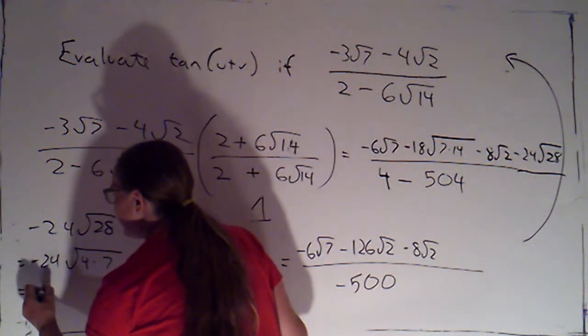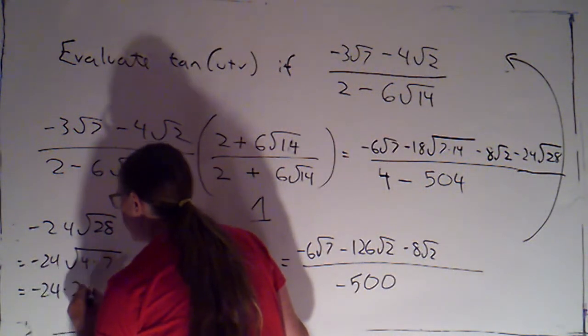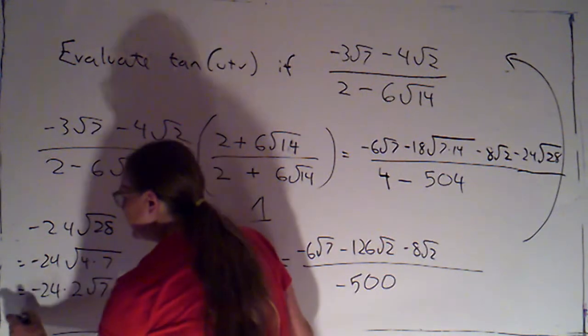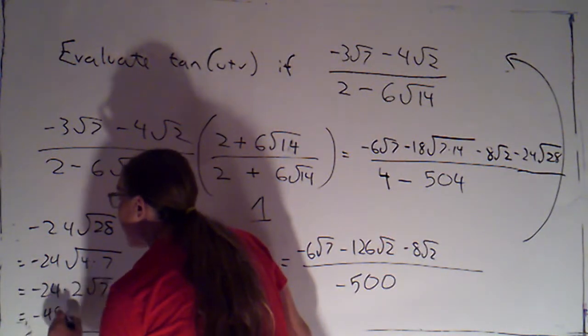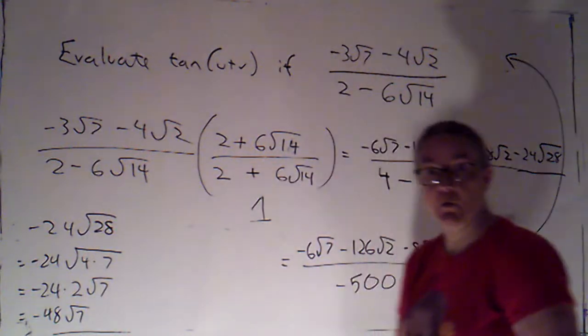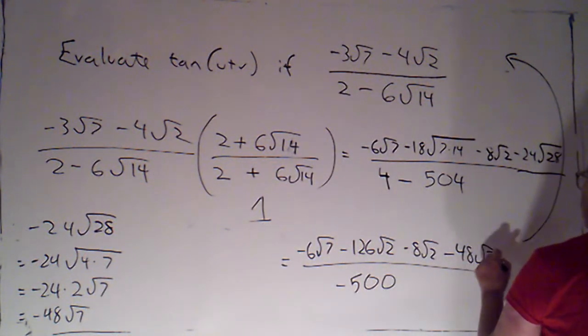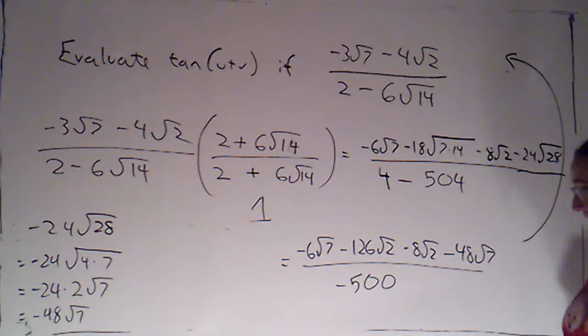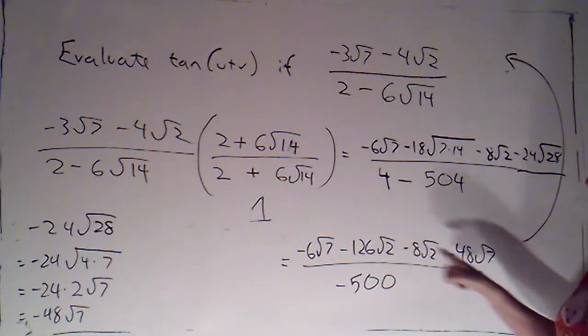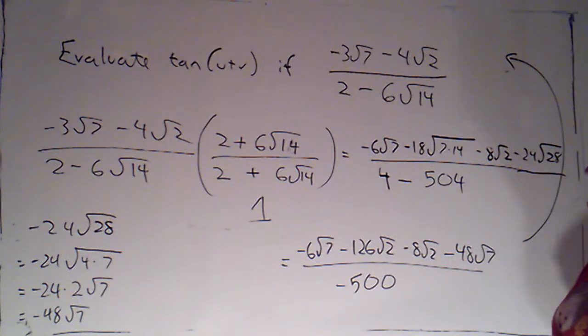So that's going to become negative 24 times 2 root 7. So that's negative 48 root 7. Okay, we've still got some work to do because now I can combine like terms on top.